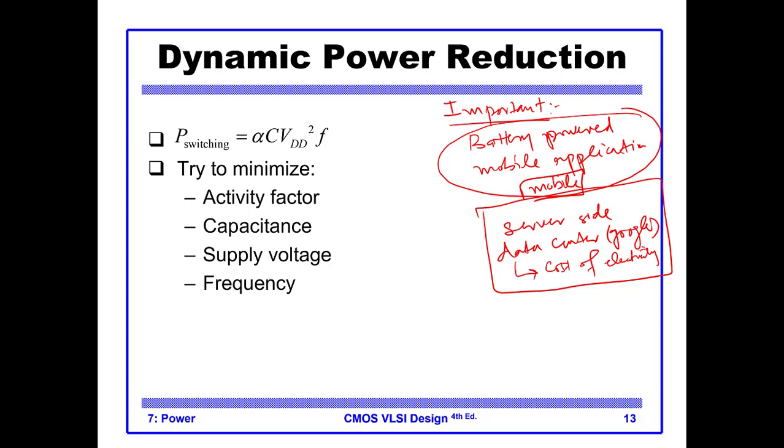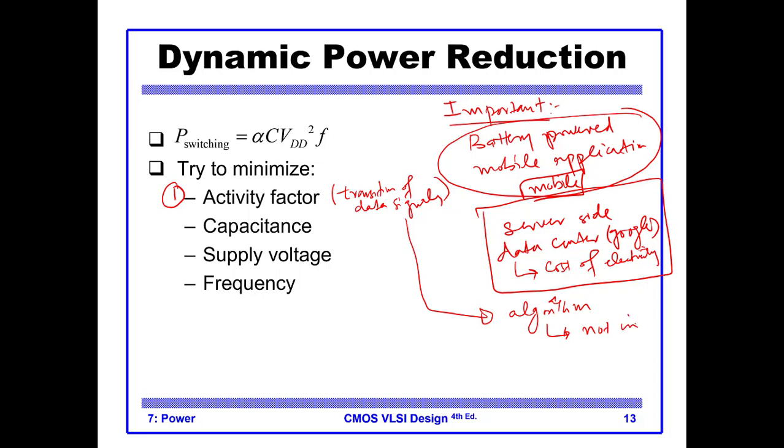Now, how can we minimize the dynamic power? We have the first factor, the activity factor. Basically it is the transitions of data signals. Now, the transition of data signals is something that comes from your algorithm or application.